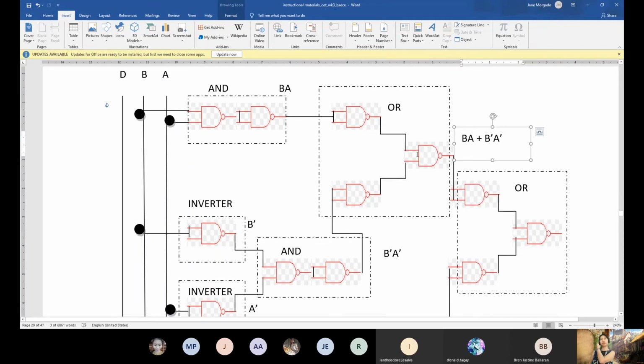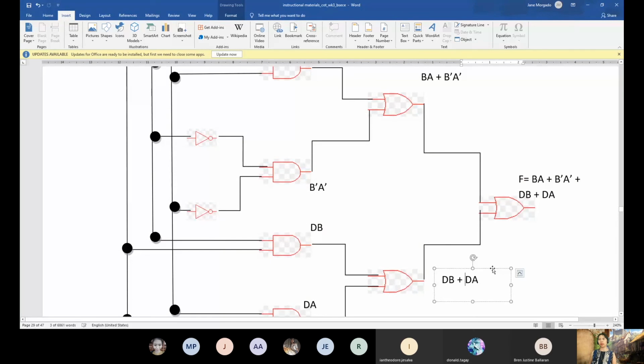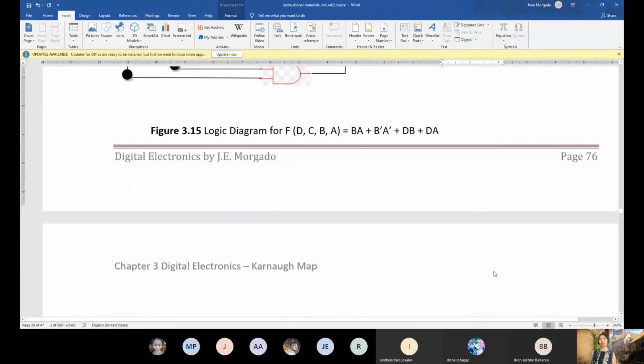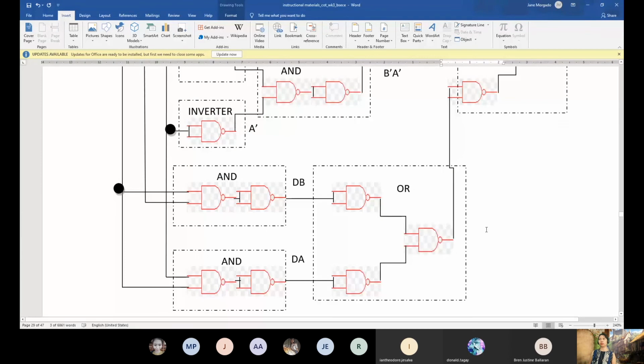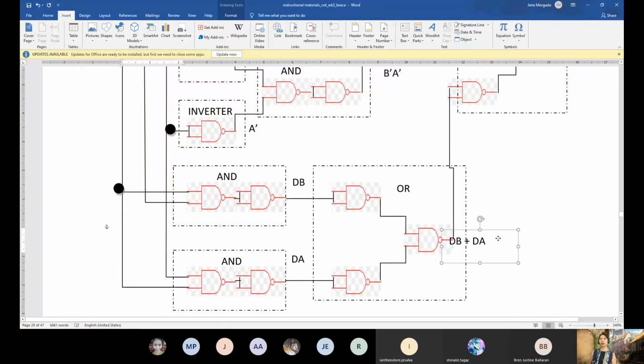And we have another OR here for DB plus DA. We're simply converting the AND or invert with its equivalent circuits using NOR gates only. So we have DB as input, another input DA, and the output is DB plus DA.